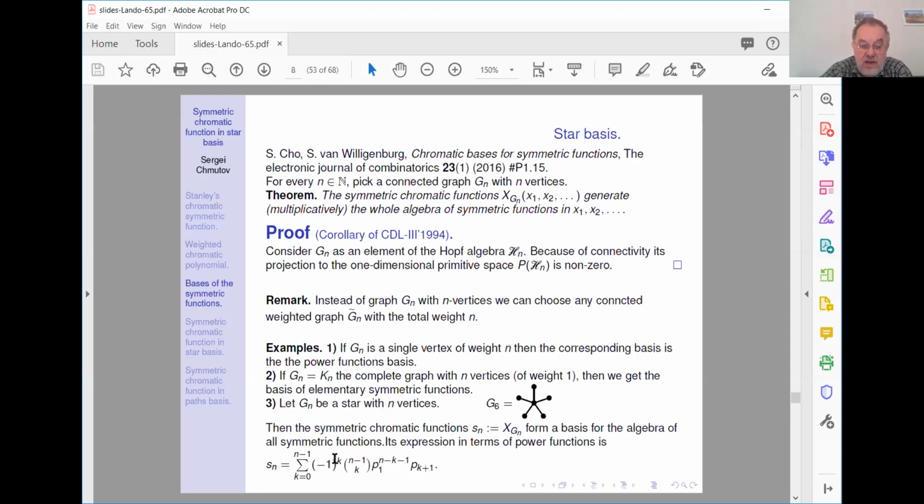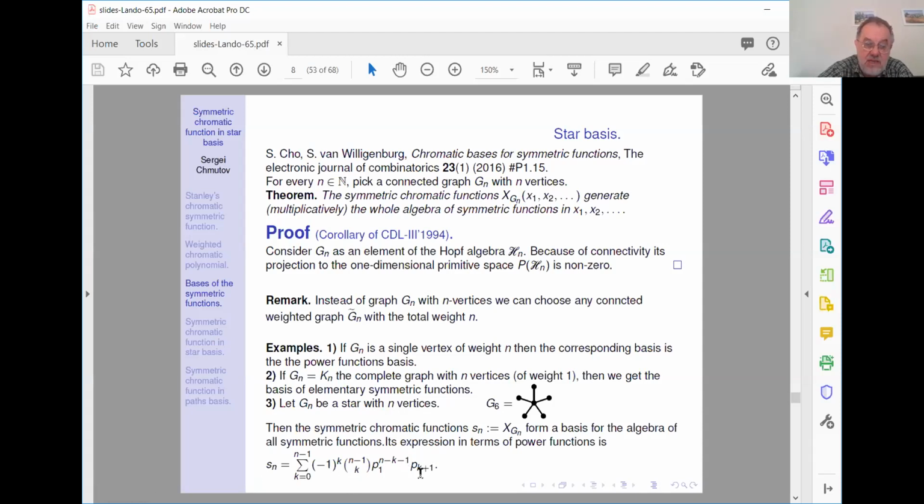So that is the expression of these symmetric functions in terms of that one, and in particular, if k equals n-1, the top term, that will be p sub n. So it starts with p sub n there, and some smaller terms, products with non-zero powers of p sub 1. That gives another proof that this is a basis of symmetric functions.